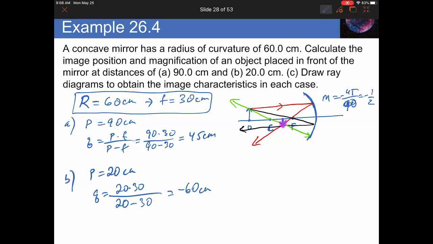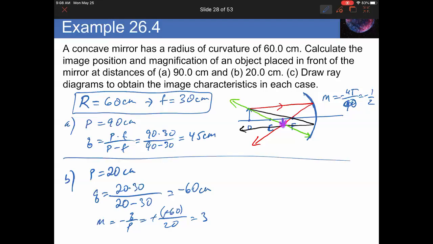For part B, magnification is negative Q over P, so negative of negative 60 over 20. The negatives cancel out, 60 over 20, you get 3. That means you're going to get an image 3 times bigger.